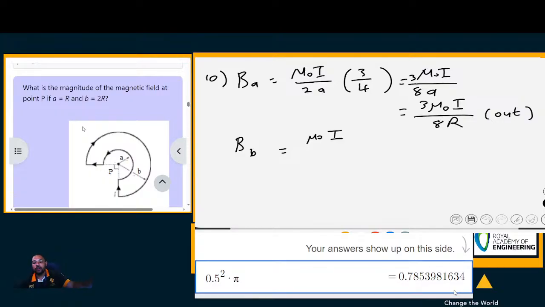Or curl your fingers in the direction of the magnetic field, and you'll see that it is coming out at point P.